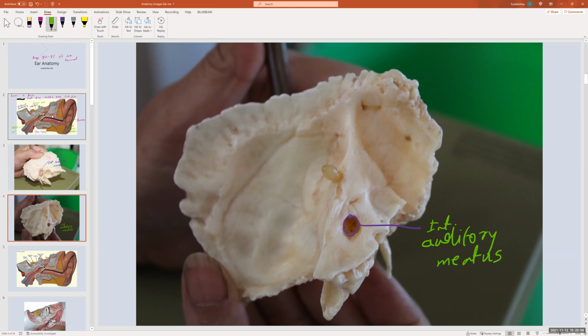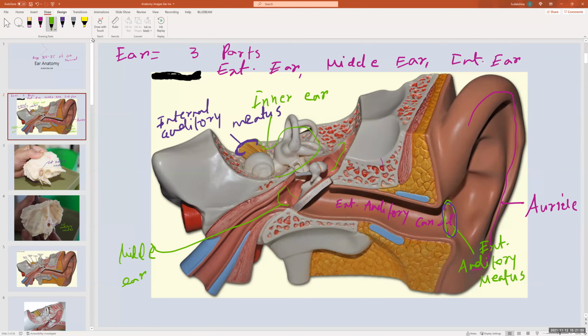Okay, so let's go back to this again. External ear is made of three parts: auricle, external auditory canal, and tympanic membrane. So when we clean our ear, oftentimes we take things like the little sticks, Q-tips, and insert them when our ear itches.